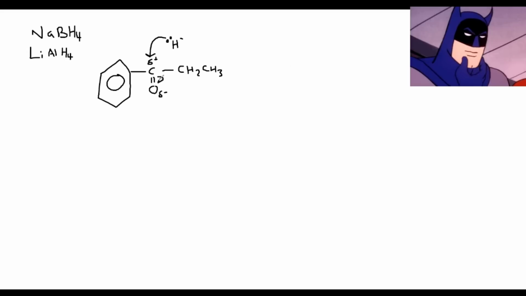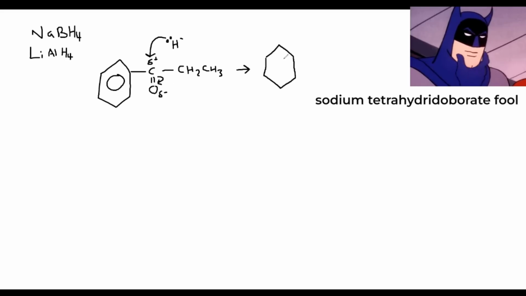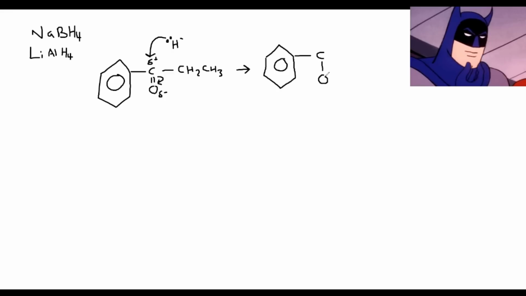NaBH4 has a long name, sodium tetrahydridoborate, some nonsense like that I can never remember. The less frequently used but also acceptable strong reducing agent is lithium aluminium hydride. Much easier to say. That's the LiAlH4, and that can provide us that hydride ion, that nucleophile, to attack that positive carbon atom.